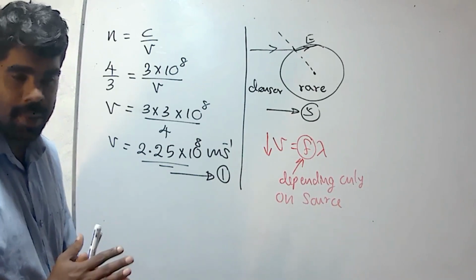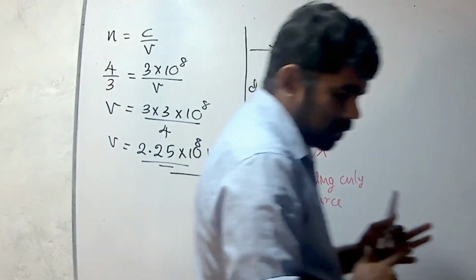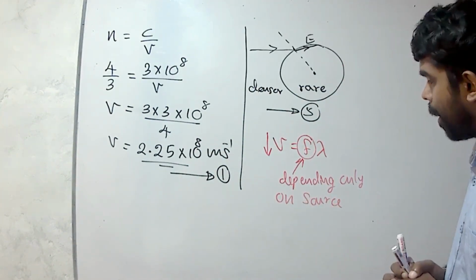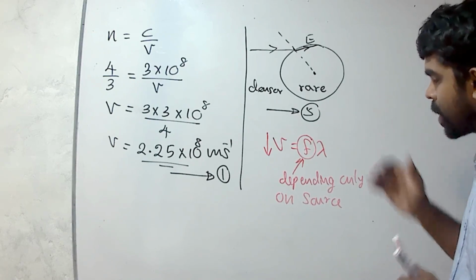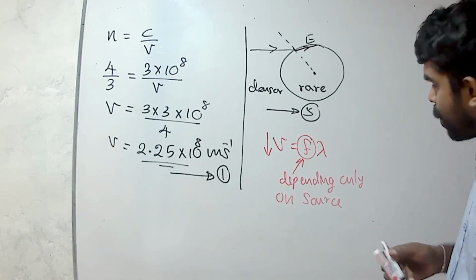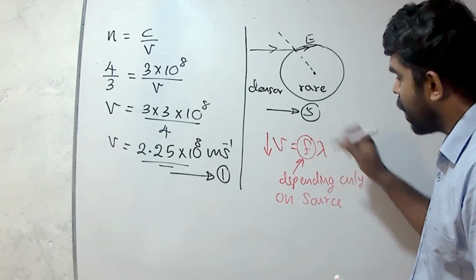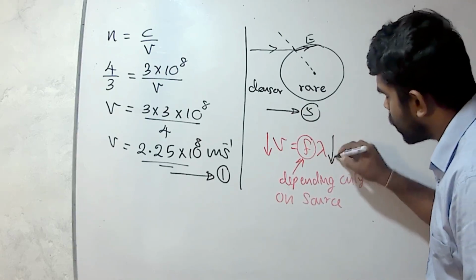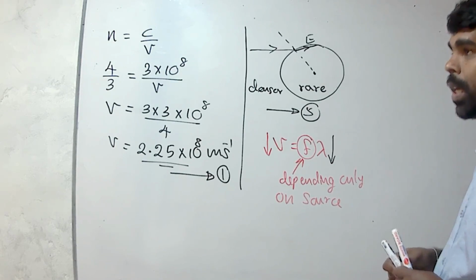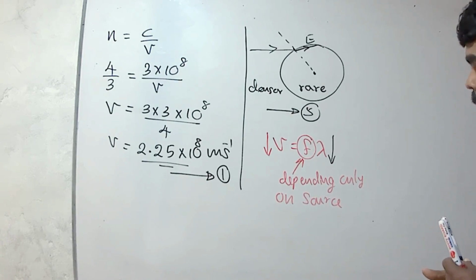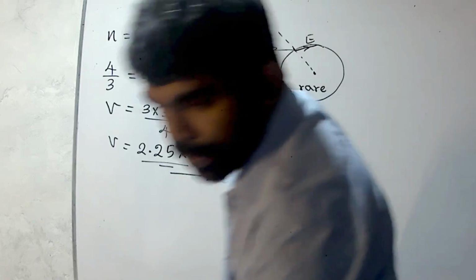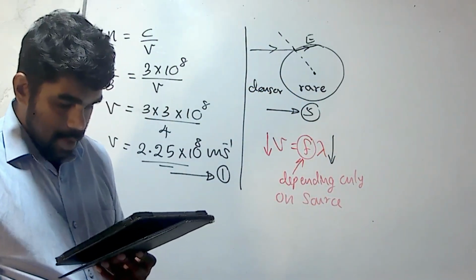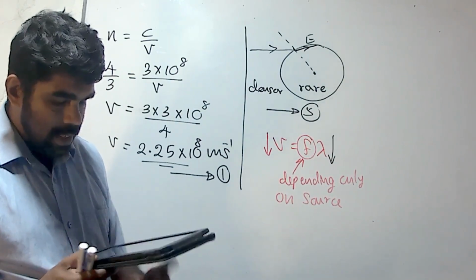It is not changing when refracting, reflecting or in any other situation. It is constant for the wave. Therefore, according to this equation, when v is decreasing, lambda also decreases. Therefore, we get the fourth answer as the correct answer. Both velocity and wavelength change.